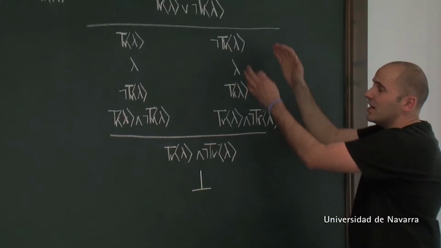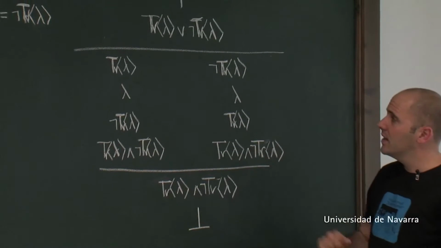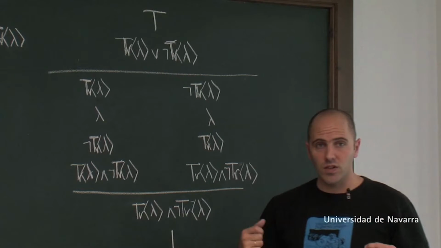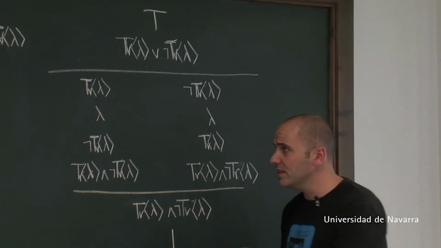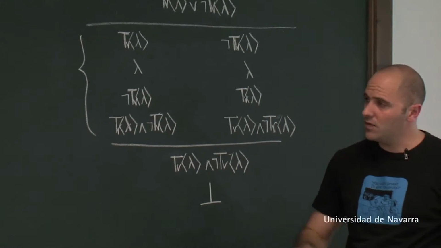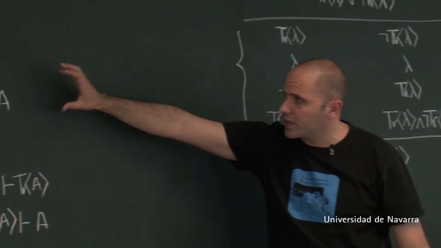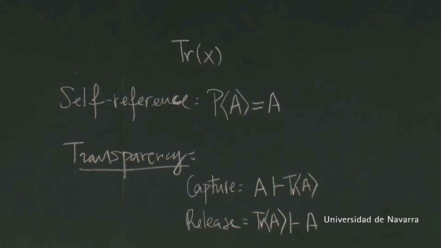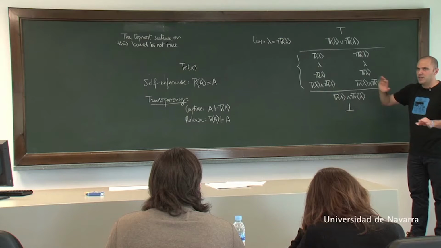Now a similar parallel argument can be run from the supposition that the liar sentence is not true, right? Now, I would like you to notice that if you take self-reference and you take transparency, you cannot object to these inferences. So there is little room to block the argument, right?